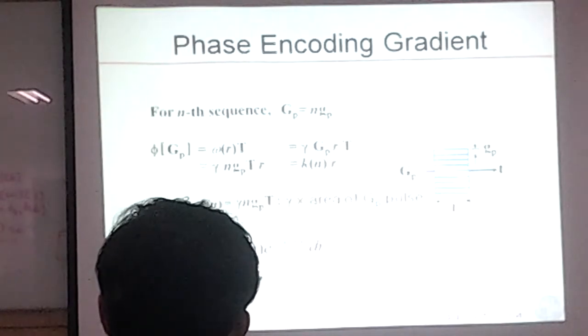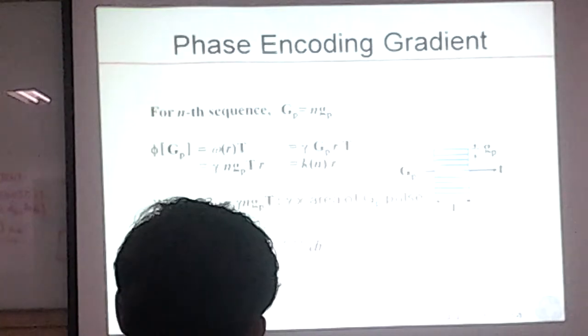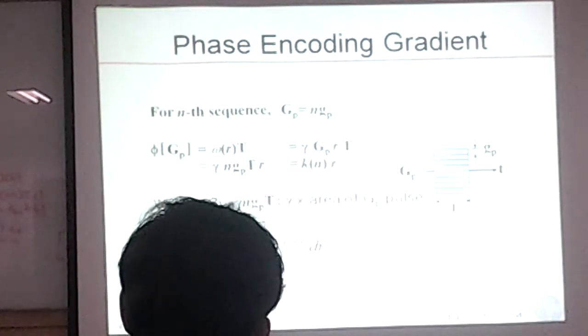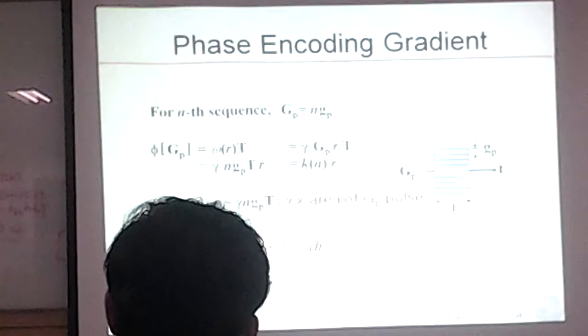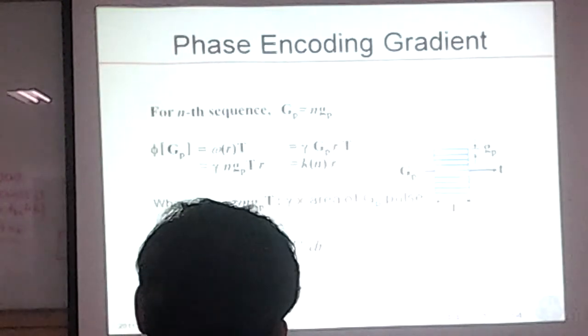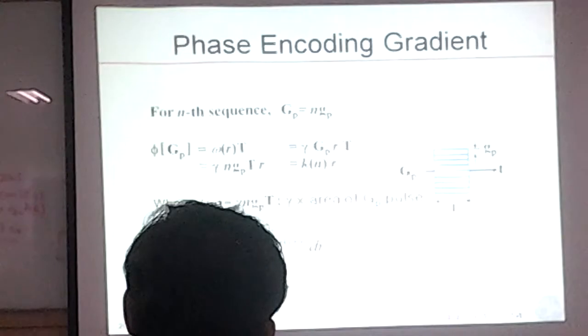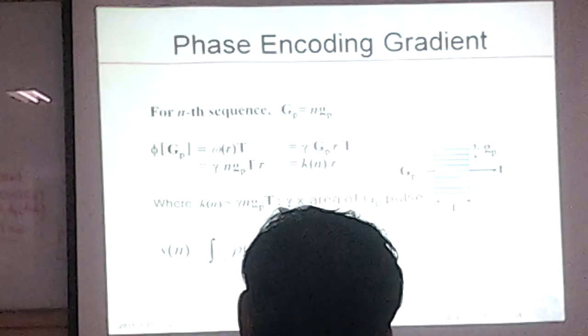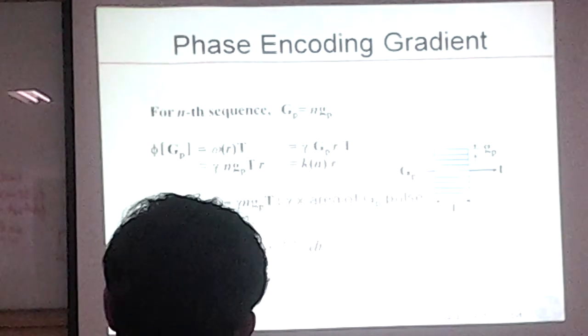So for imaging, the Fourier transform variables are the space variable r and the spatial frequency variable K. So K is the spatial frequency. So that's why I call the MRI raw data K-space data. Okay.